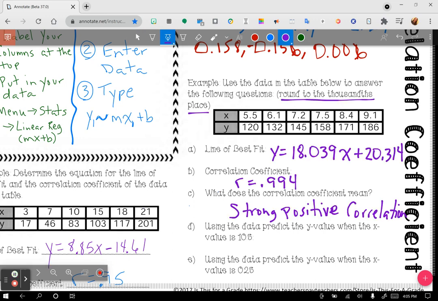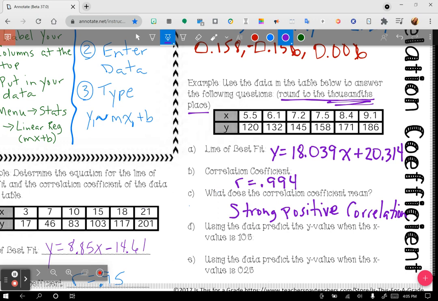You should have had a chance to put this information in Desmos and worked it out. And so your line of best fit so far is y equals 18.039x plus 20.314. Notice I went to 3 decimal places this time because it tells me up here to go to the thousandths place. Same thing with the correlation coefficient.